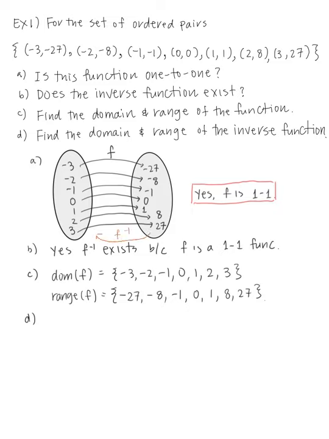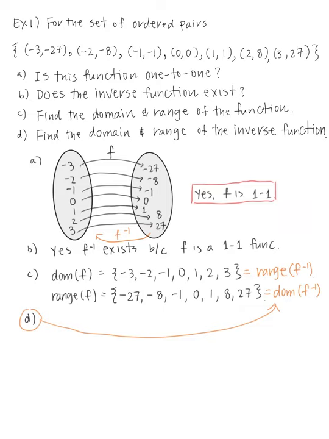So in fact, the range of f is going to become the domain of f inverse, and the domain of f becomes the range of f inverse. All right, sorry, I didn't want to write the whole list out, so I just made that relationship. So our answer D will be this.